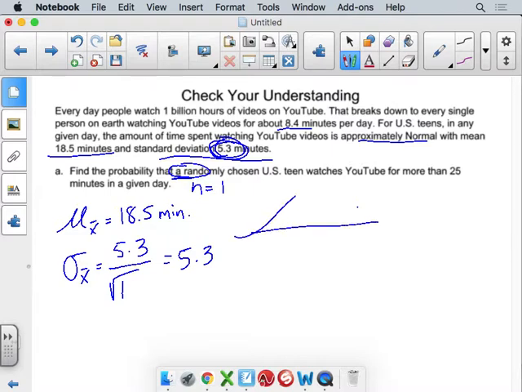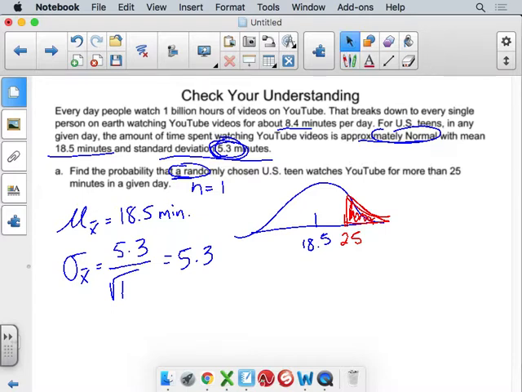Using our formulas, we have a normal distribution with mean 18.5, and what's the probability of 25 or more? Since we've got a normal distribution, we're going to put it into our standardized score, our z-score, and use our table.